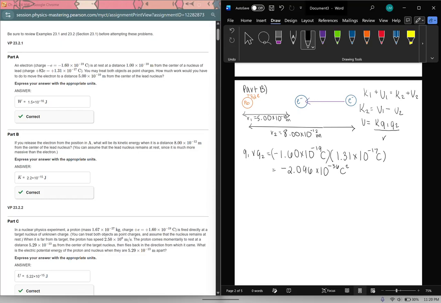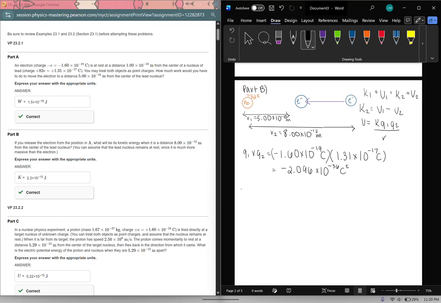So we're going to find the potential energy. That's what the U stands for. The U is basically the electric potential energy.